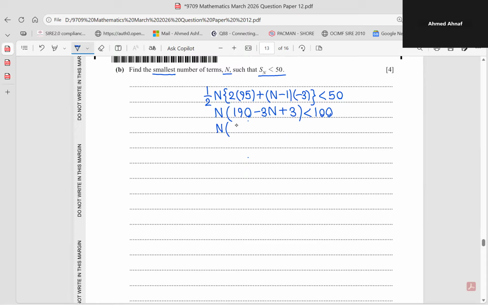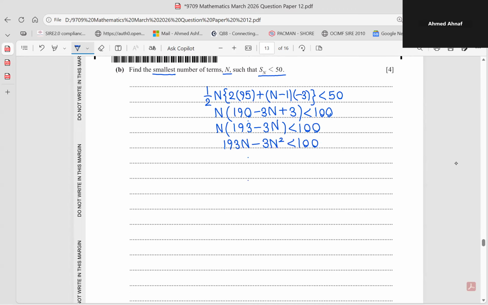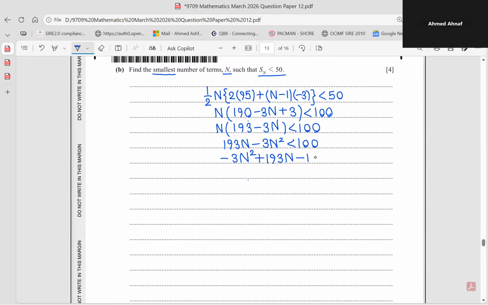So 190 plus 3, 193, minus 3N, less than 100. Now expanding, you get 193N minus 3N squared less than 100. Then you get minus 3N squared plus 193N minus 100 less than 0.